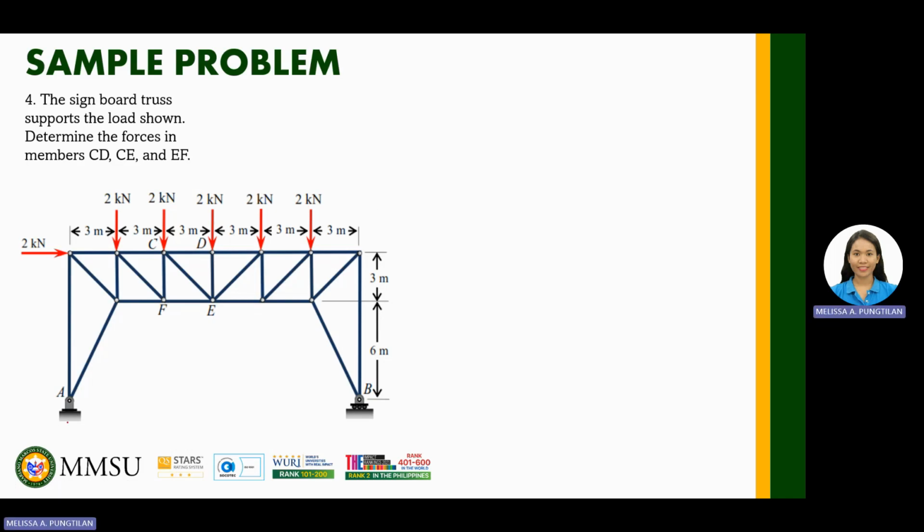So, we have here a hinge. So, let's say we have here AY and then AX and then also here BY. Okay. By taking the summation of moment at point A is equal to 0, counterclockwise positive.